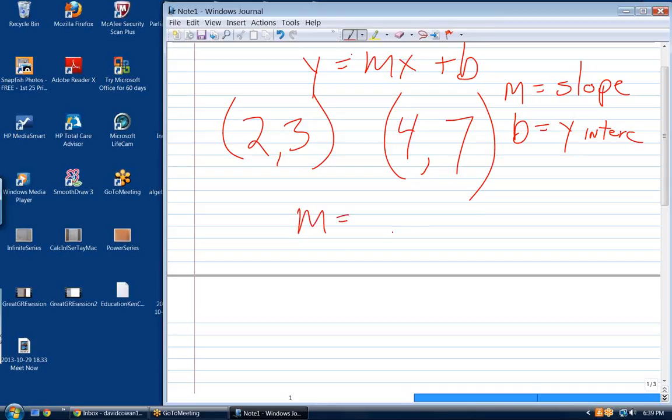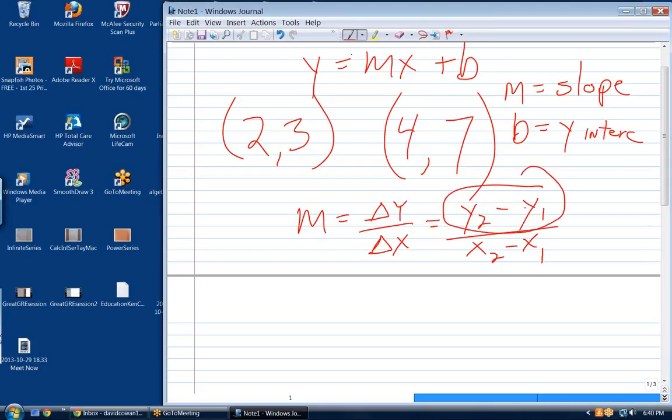To figure out the slope, you do 7 minus 3 over 4 minus 2, right? That's correct. The slope is the difference in the y's over the difference in the x's, or the more complicated way they put in the textbooks. But notice that it's just the difference in the y's over the difference in the x's. That's rise over run.